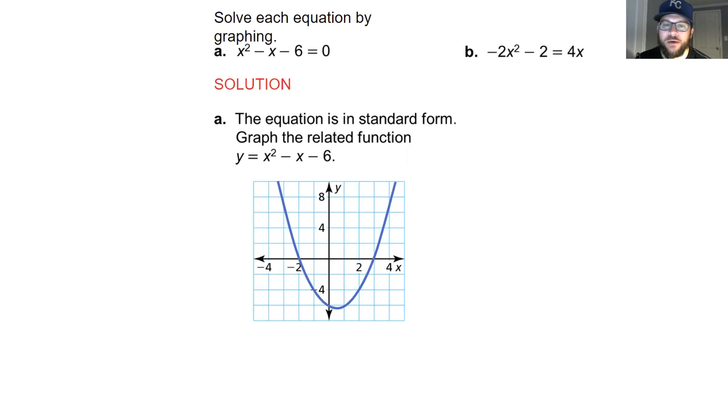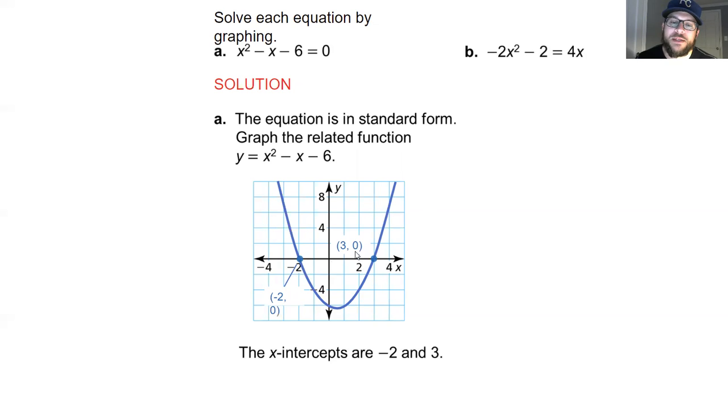But you could use a graphing calculator, using your Desmos website or something, to get that graph to look like this. And basically all you're doing is identifying where the x-intercepts are. Notice that the graph crosses the x-axis on the left side and on the right side. So the point (-2, 0) is an x-intercept, and the point (3, 0) is your other x-intercept.